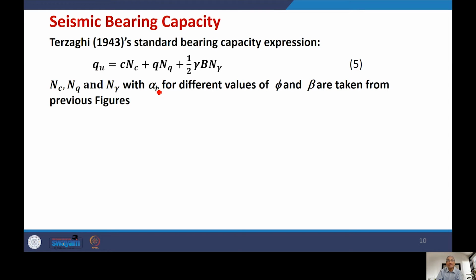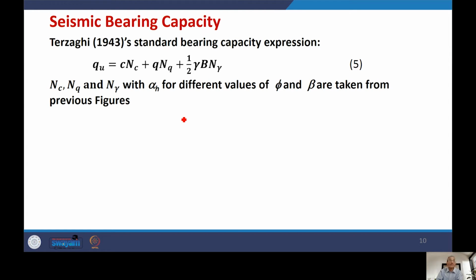And Nc, Nq, and N gamma should be determined for a particular value of alpha h and a particular value of beta for different values of phi and beta, and that should be taken from the previous figures. And as a result, you can determine the value. So naturally, when Nc, Nq, and N gamma decrease, whatever value you get for q_u from this equation will be less. So there is a reduction. So these were the results presented by Kumar and Rao.